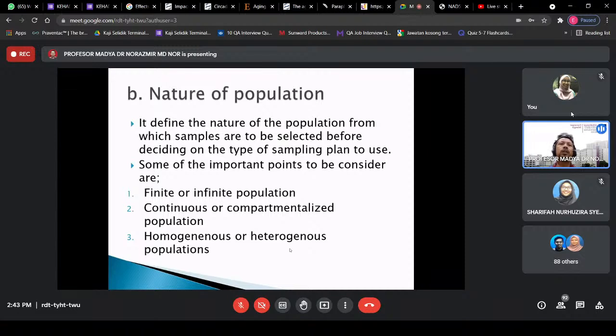So some of the important points to be considered are: number one, finite or infinite population of the sampling. Number two, continuous or compartmentalized population. And the last one is homogeneous or heterogeneous population. It can be a combination, two of it or three of it.